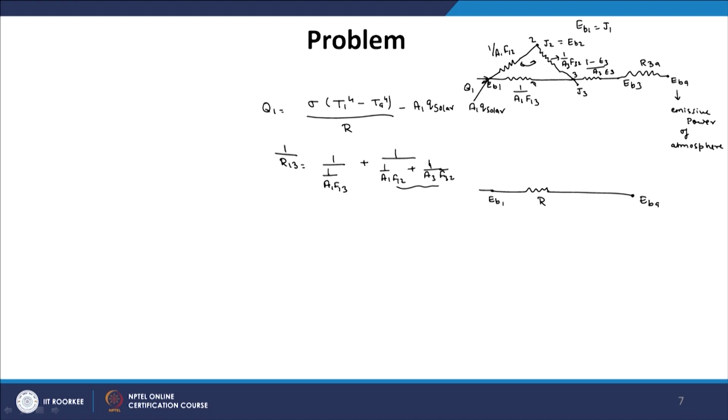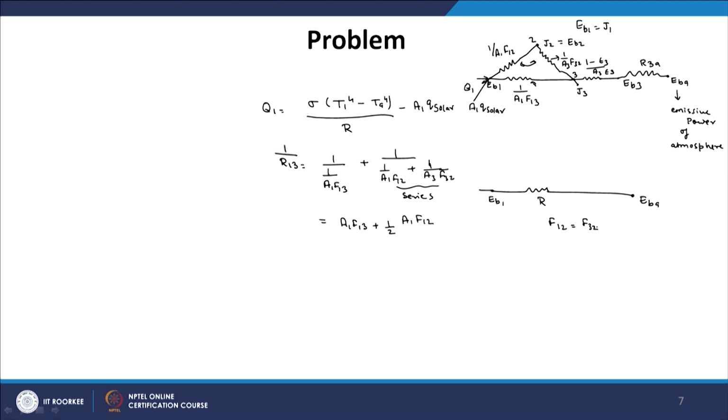So, these two resistances are in series, that is why we have just added them and then taken inverse, and these two are combined with A1 F13 which is in parallel. So, this is the effective resistance and we can simplify this as A1 F13 plus 1 by 2 A1 F12, where we have observed that F12 is equal to F32 because of the symmetry.